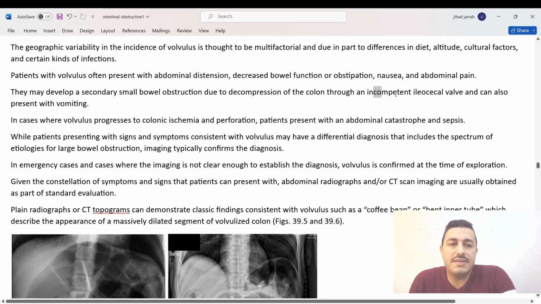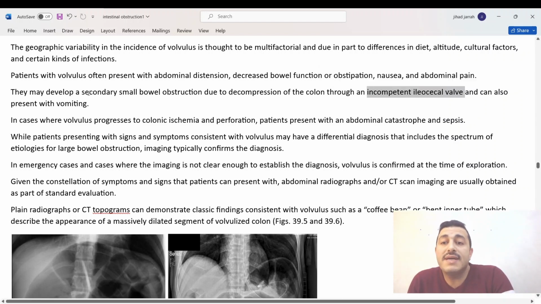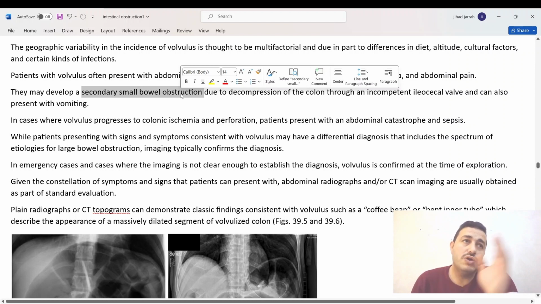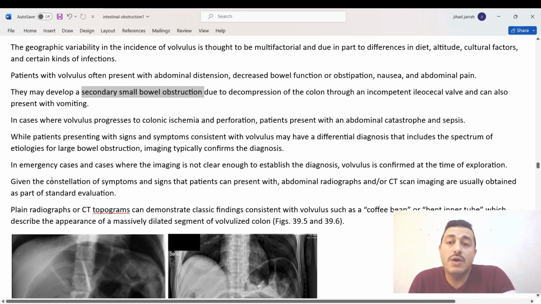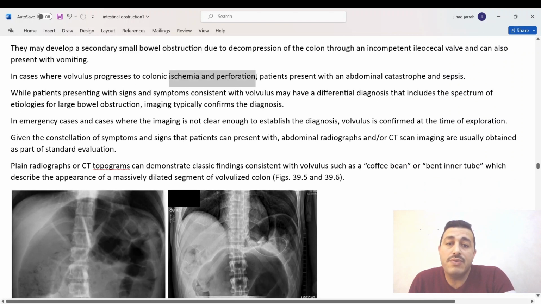If the ileocecal valve is incompetent, the obstruction will progress in a retrograde fashion and will lead to secondary small bowel obstruction and vomiting. We said ischemia and perforation can lead to sepsis.